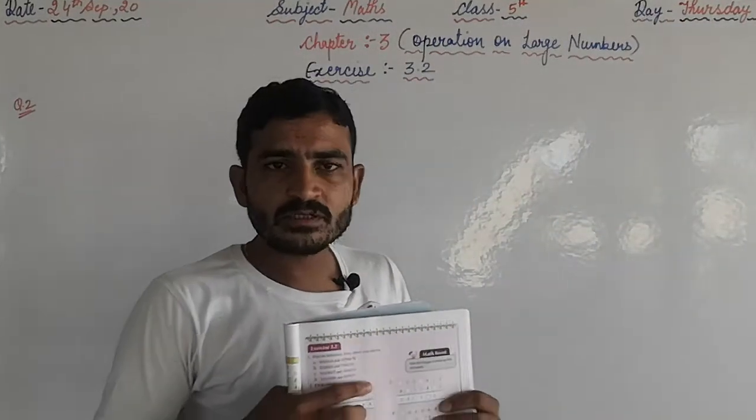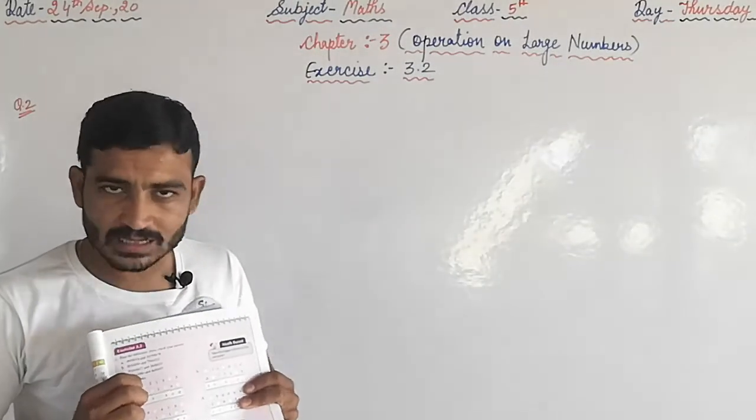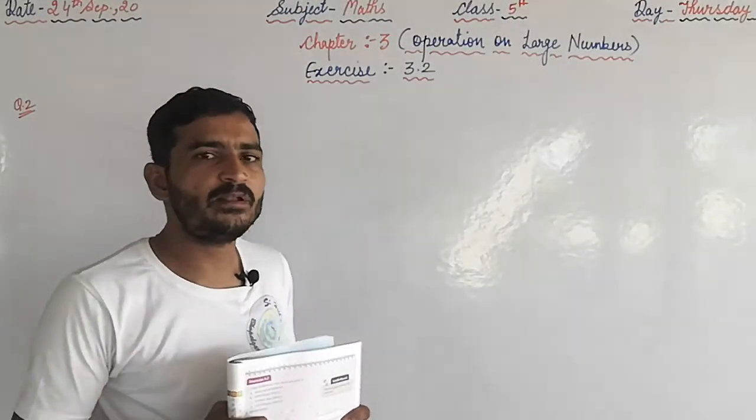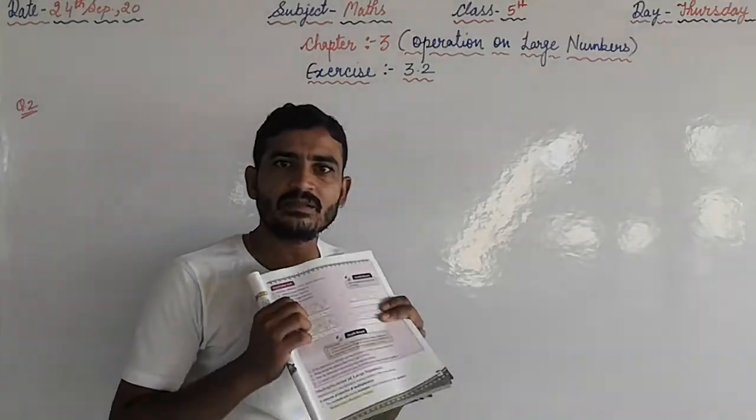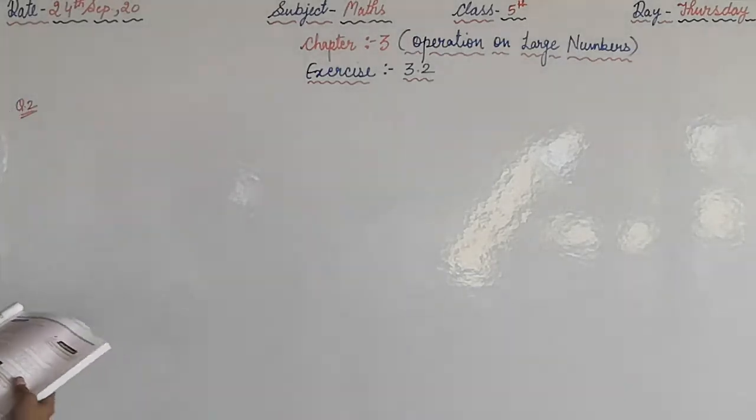In the boxes you have to fill the missing digits. The boxes are given in the question and you have to fill in the exact and correct digit.